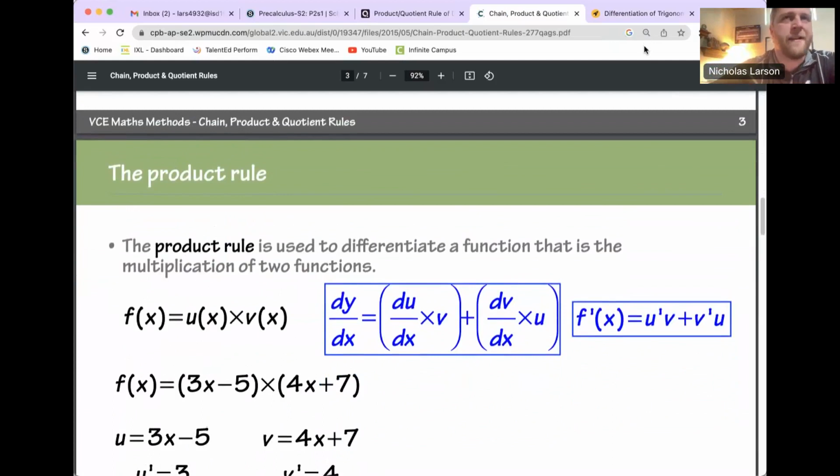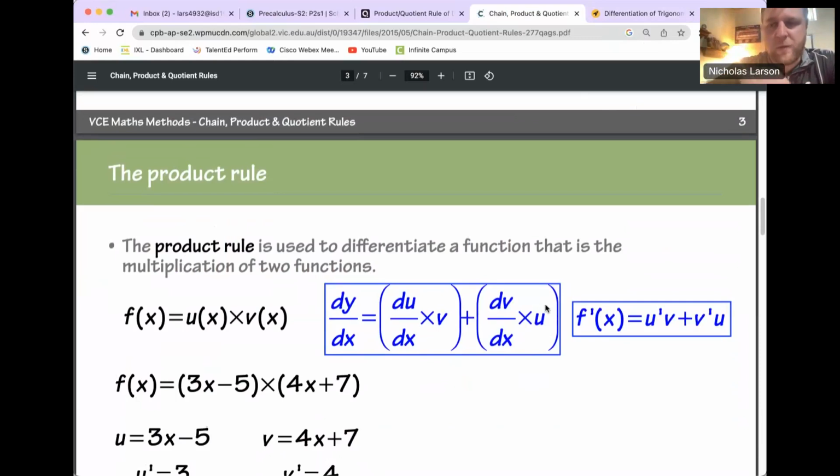If I had 5x to the fourth plus 10x, I would bring the 4 down in front of the 5. 4 times 5 is 20. 20x, 4 minus 1 is 3, so 20x to the third power. And then the 10x would just be a derivative of 10. So that's a really quick overview of the power rule.